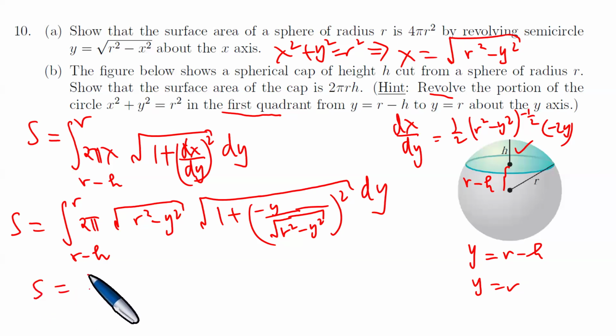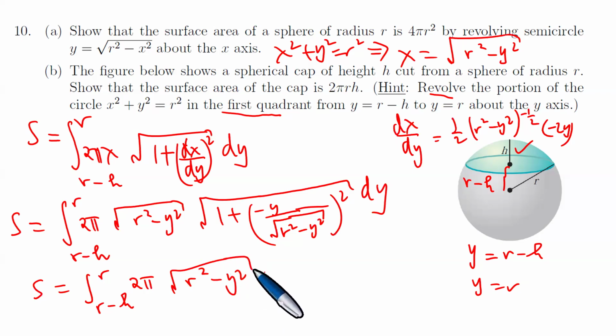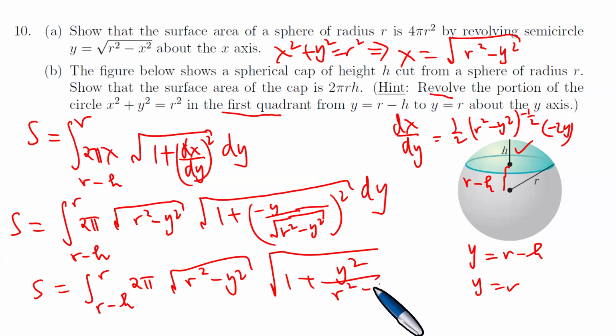So now you have this from r minus h to r, with 2 pi times the square root of r squared minus y squared. You square this under the square root, and it becomes 1 plus y squared over r squared minus y squared, dy.